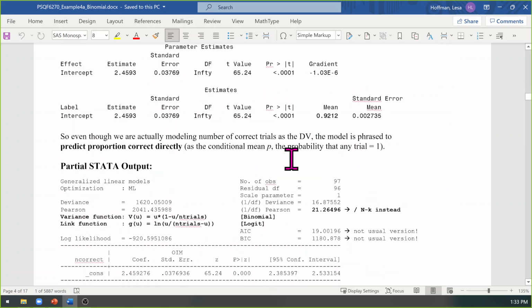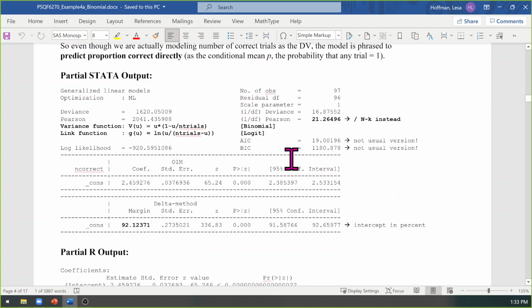So here is the Stata version of the output. The only difference is that the 21 value is a little bit different because it's using a different denominator for it. And it's telling you what type of model it is here. So the variance function is the probability of a 1 times 1 minus the probability of a 1, divided by the number of trials. And the link function then is the log of this proportion. So it's trying to help you out here.